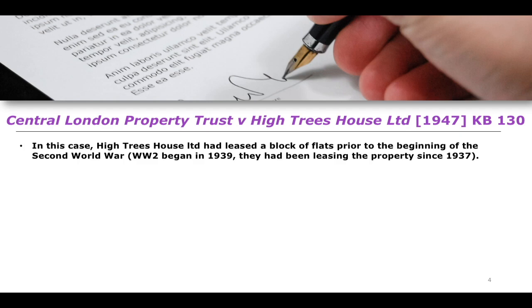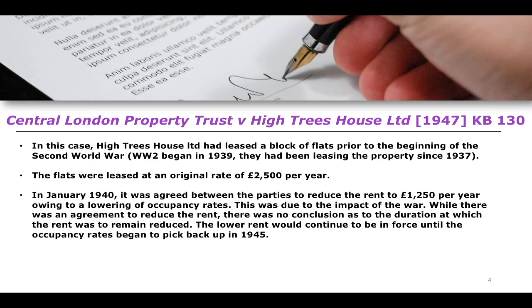The flats were leased at an original £2,500 per year. That was the original rate, which of course is quite a significant amount of money, even by today's standards. Not necessarily per year, but at least at the time it was quite a significant amount of money.